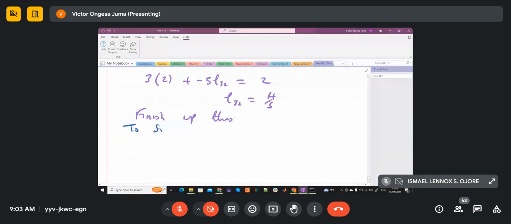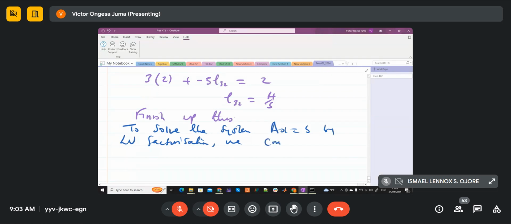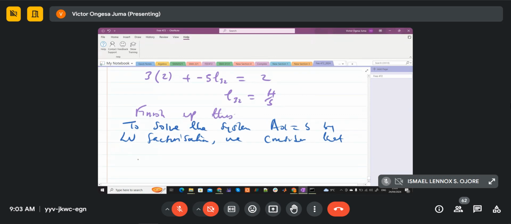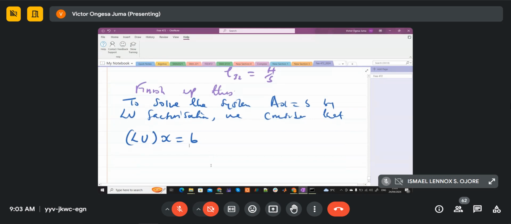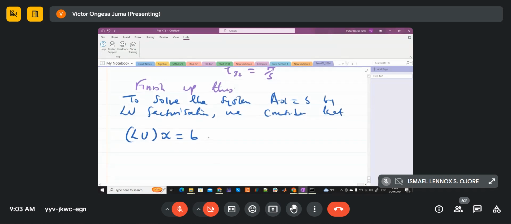So to solve the system Ax equals B by LU factorization, we consider that A can be written as LU, and then multiplied by X will be the same as B. This implies LUX is the same as B. So this is a vector: a matrix multiplied by a vector gives you a vector.